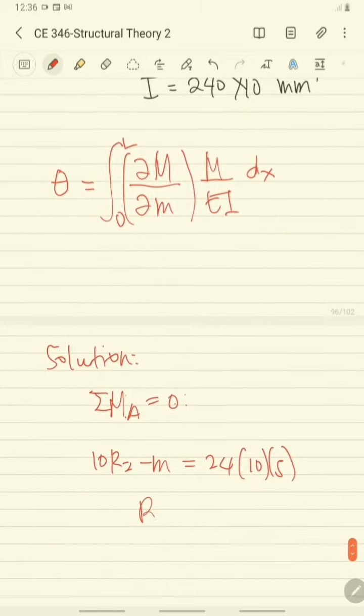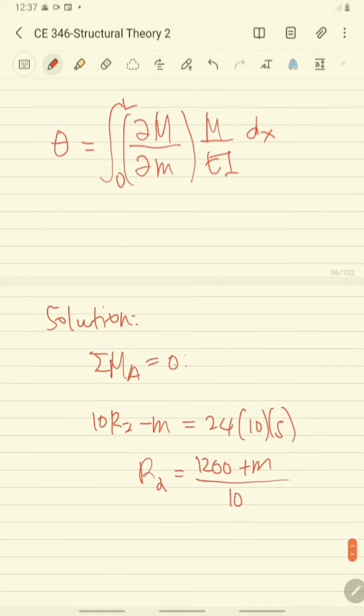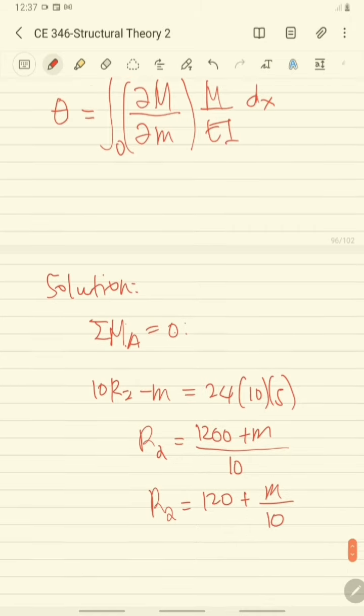So your R2 is equal to 24 times 10 times 5, that is 1,200. Then you transpose the couple moment M to the right side, so it becomes positive, that is plus M, all divided by 10. So our R2 will be equal to 120 plus M over 10.